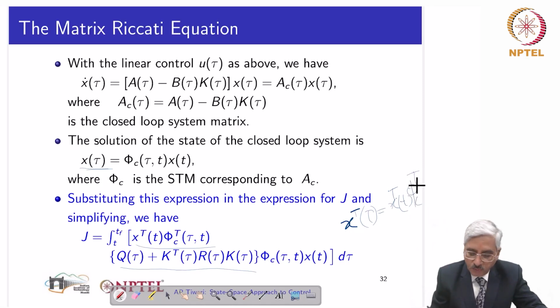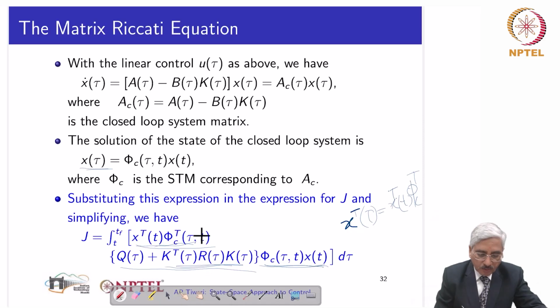So in x transpose Q x, on the left we get x transpose phi_C transpose, and on the right it will get phi_C into x(t), and the K transpose R K comes because we are substituting u equals Kx, and x again becomes phi times x at the initial time.